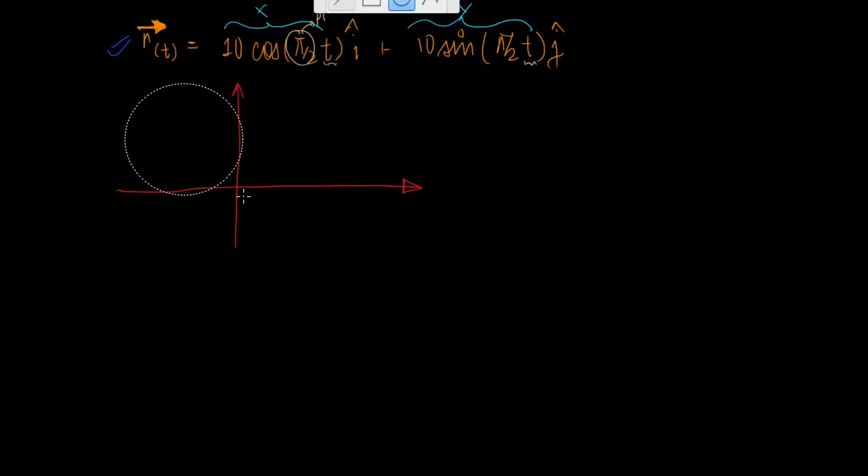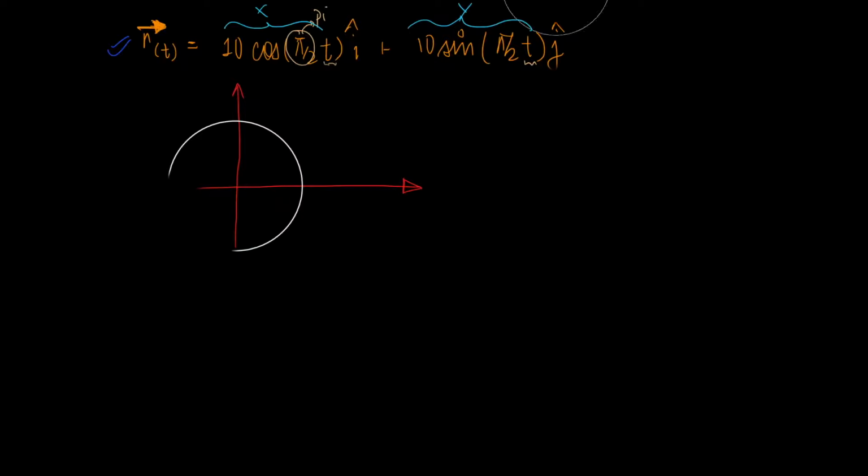This seems more like it. There you have it, that's the trajectory of the particle, but let's get rid of the lower part of the circle. Alright, so this is the trajectory of the particle.